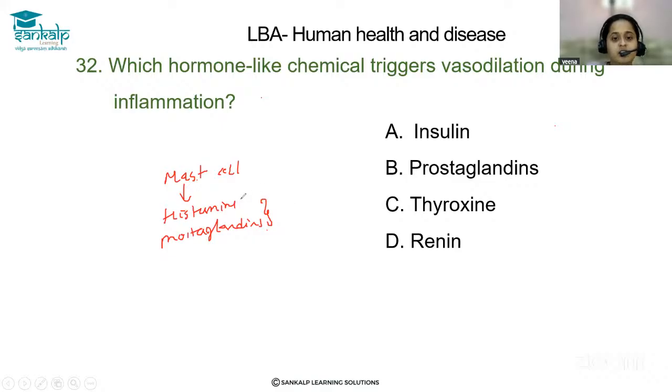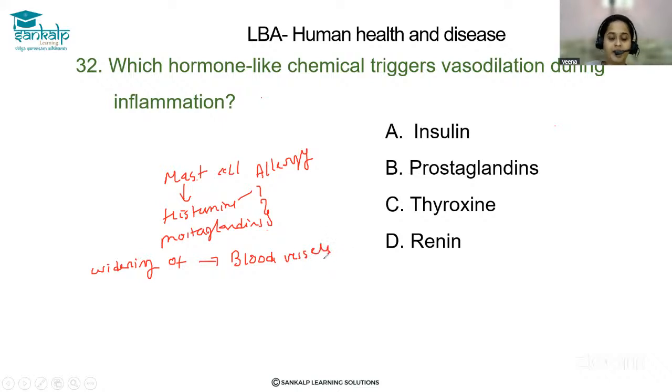So here this histamine is released when the allergy happens. Okay, and here, vasodilation due to allergy and infection, what happens? There will be a widening of blood vessels, right?